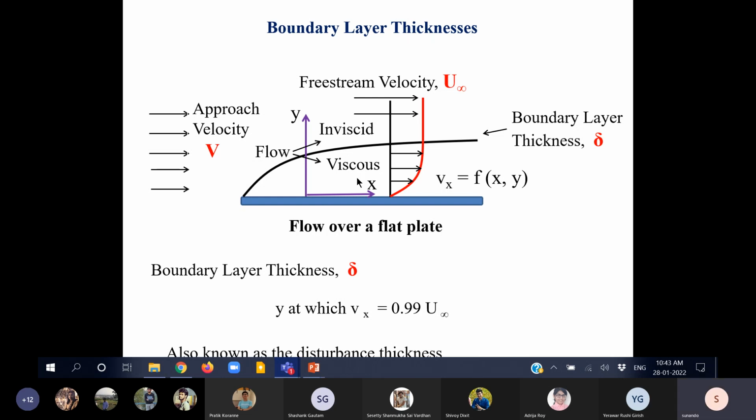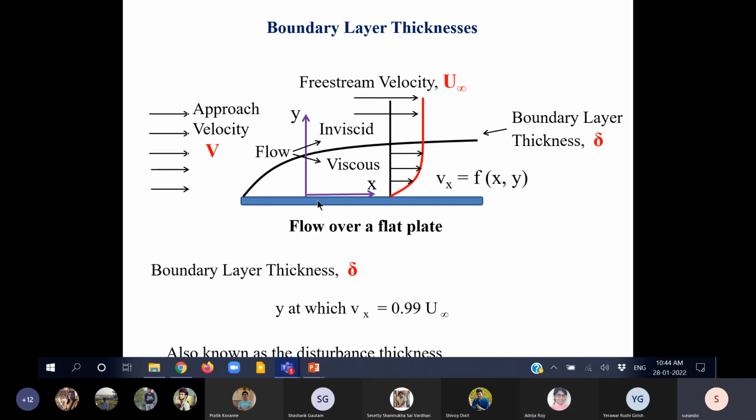Because the Vx is a very weak function of x, Vx doesn't change much with x. Vx changes with y. So whatever flow area was available at location 1, and you can see the cursor, right? Yes, sir.